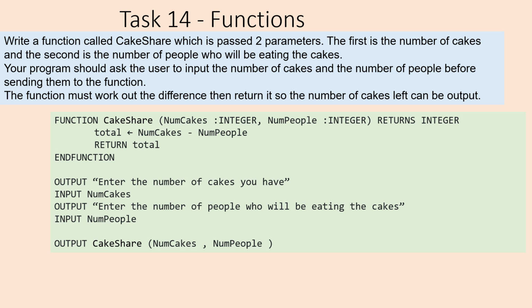So we can subtract them, return, and then the call here, which is cake share, num cakes, num people, will all be replaced with the returned value and then output. And again, like we did a couple of questions ago, we could actually create a variable and assign that the returned value and then output that new variable if we wanted to.